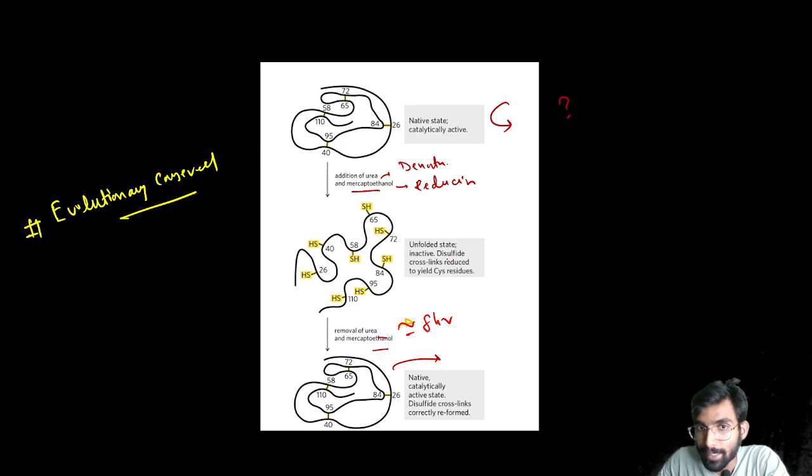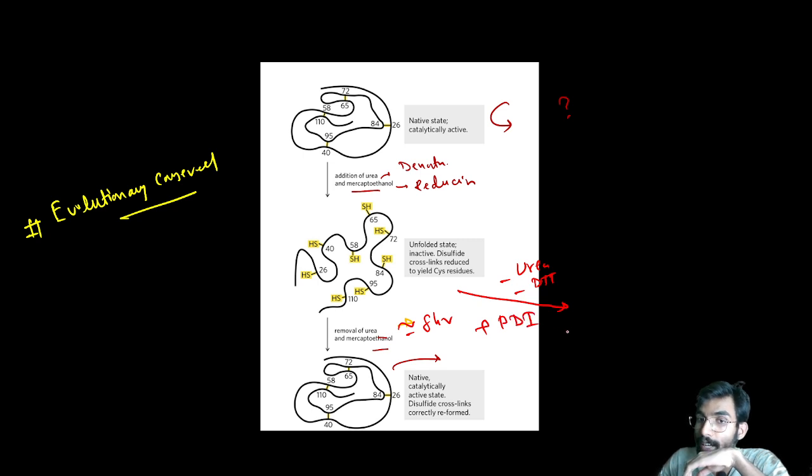But what he did was remove urea and DTT or beta mercaptoethanol, plus he added an enzyme, PDI, protein disulfide isomerase. At that time, the protein folding was much faster. So suppose in that case it takes 30 minutes to 1 hour.